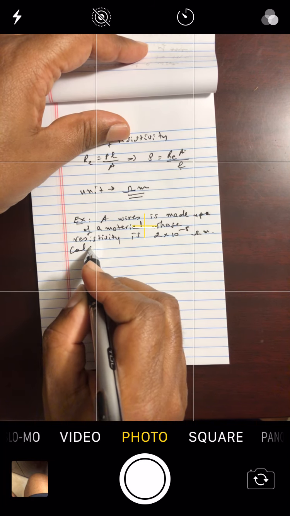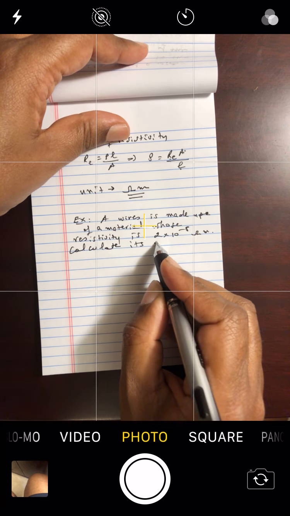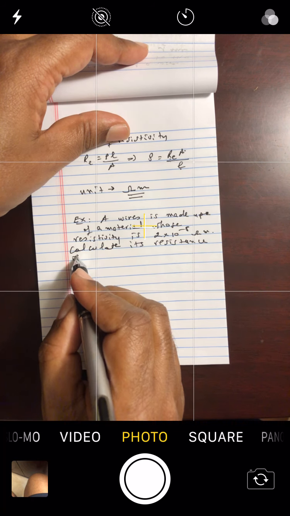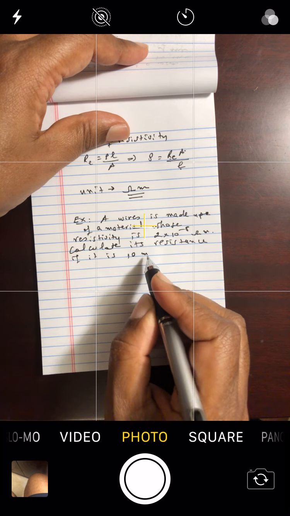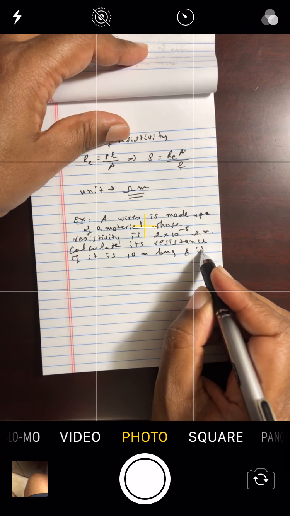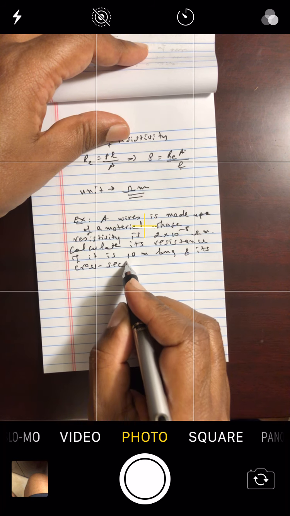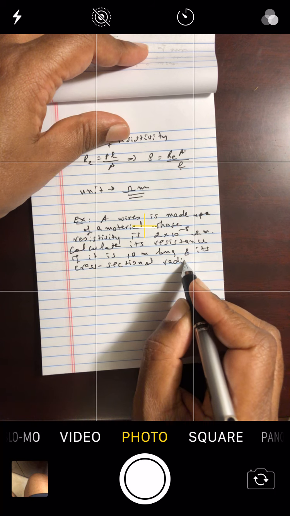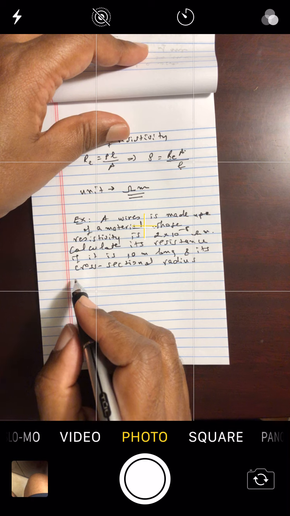Calculate its resistance if it is, let's say, 10 meters long and its cross-sectional radius is, let's say, maybe 4 millimeters.